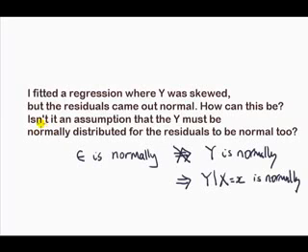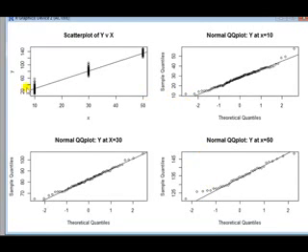Okay, next I want to look at the second bit, because the assumption hasn't been memorized or stated correctly here. We now know it's not that y is normally distributed. The fact that the error term is normally distributed implies that the conditional distribution of y given x is normal. So let's look more at what this is saying. The top left is a scatter plot of y versus x reproduced with the regression line running through it.